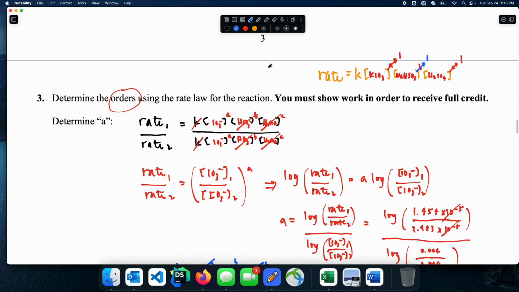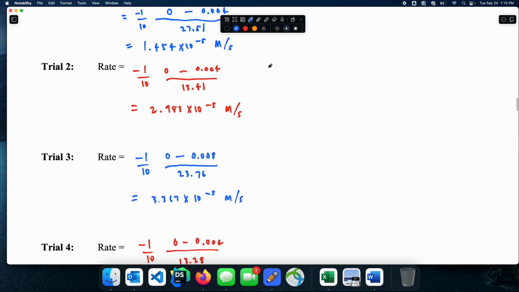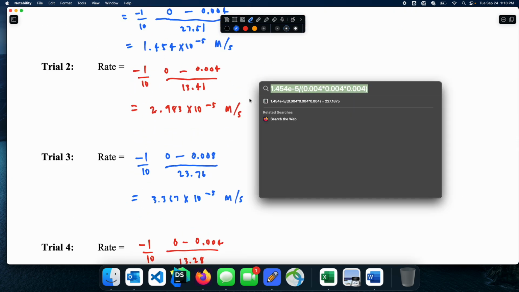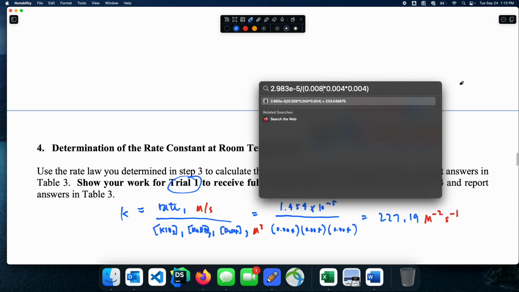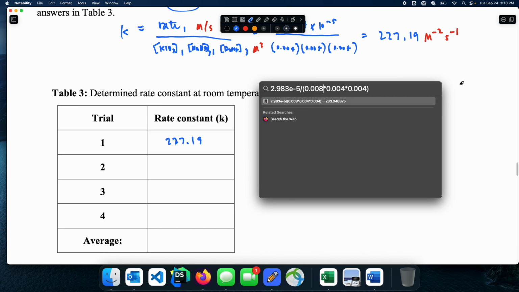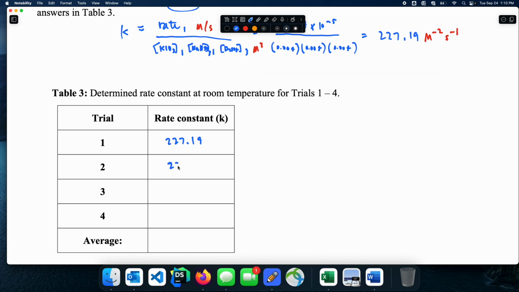The rate for trial 2 was 2.983, and that was that. Okay, so it's 233.05. Wow. Beautiful.